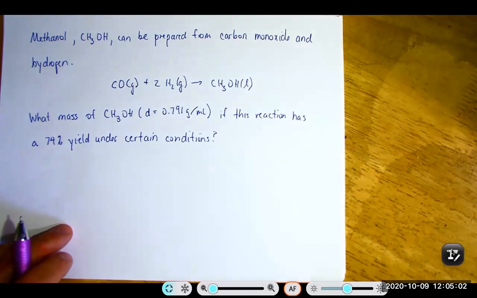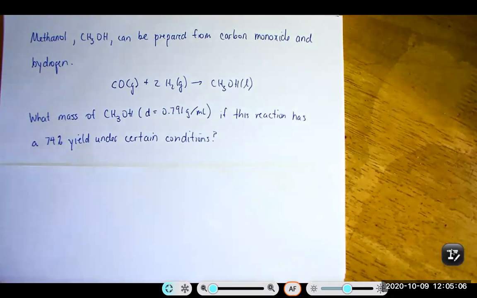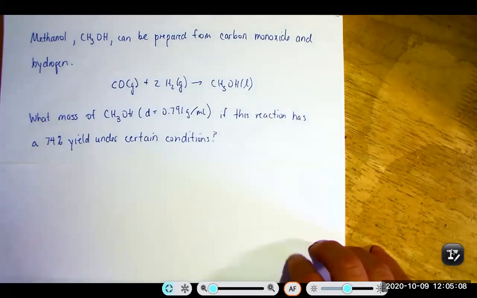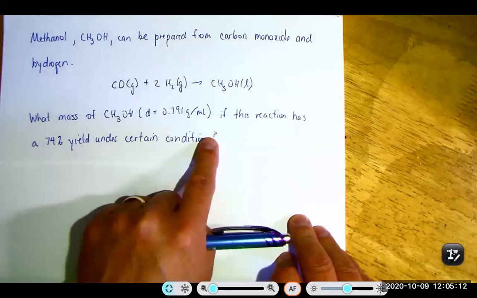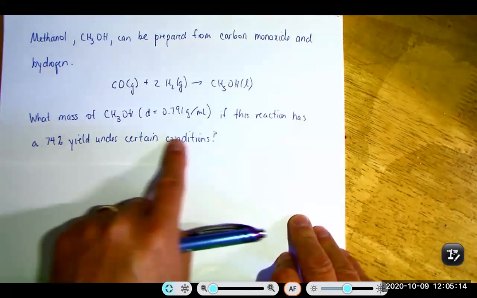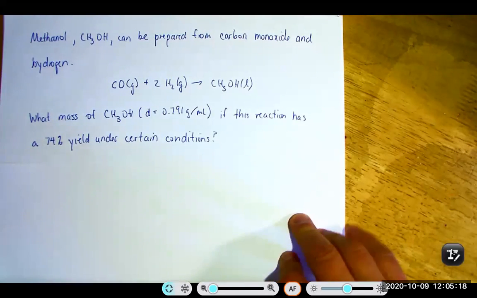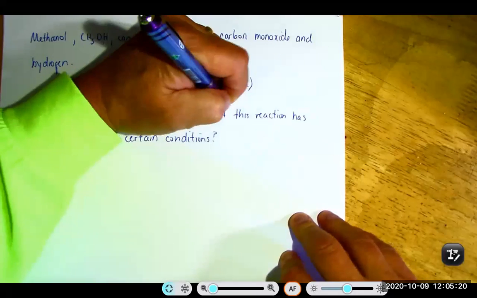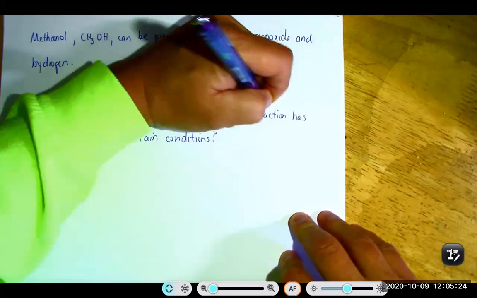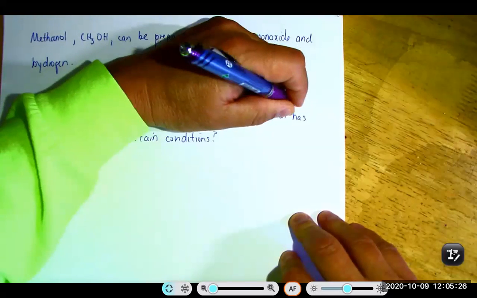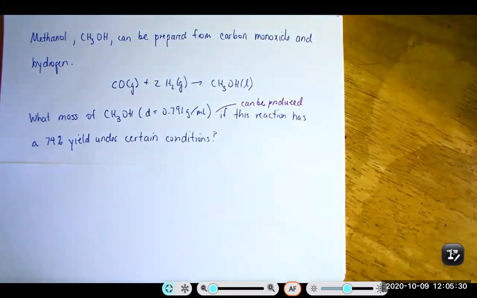So here's a reaction. What mass of methanol, oh, that's an incomplete sentence, right? What mass of methanol can be produced if this reaction has a 74% yield under certain conditions?